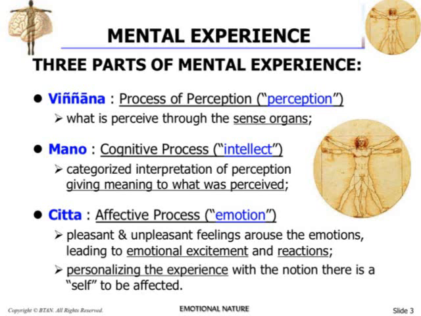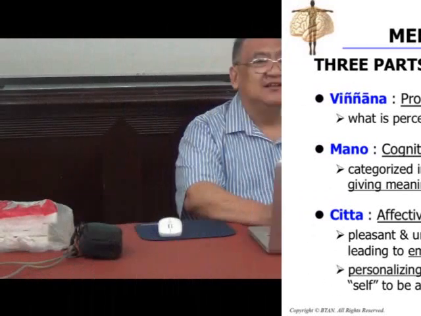Basically, mano is the cognitive process where we categorize and interpret what we see, what we hear, smell, taste, or touch. In other words, what the sense experience tells us, we interpret it and categorize it. Everything is interpreted, because nothing is absolute as it is. It is all an interpretation.